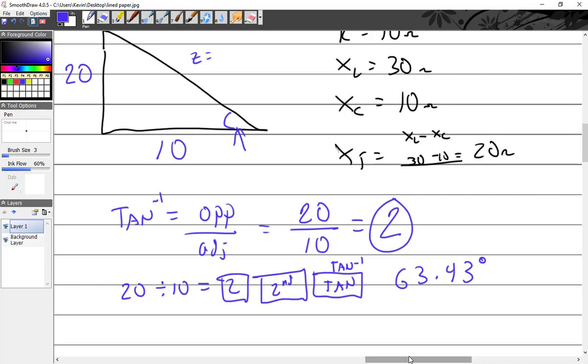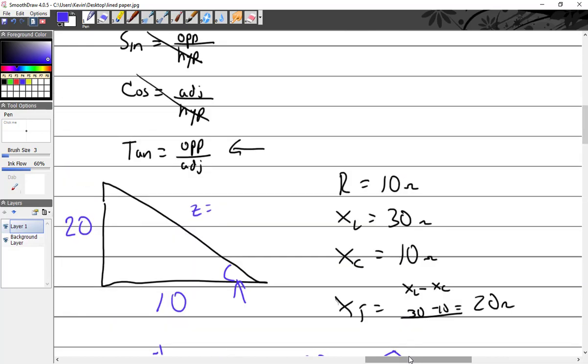Now, just for fun, let's try to use sine. If I wanted to use sine, what do I need? Z. So z is the square root of R squared plus XT squared. I already have XT, which is right down here. So z equals the square root of 10 squared plus 20 squared.